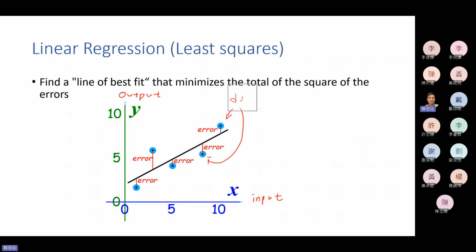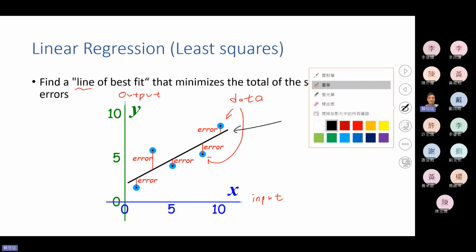You can call them sample points. And then we try to find the line, this linear line, the black one.